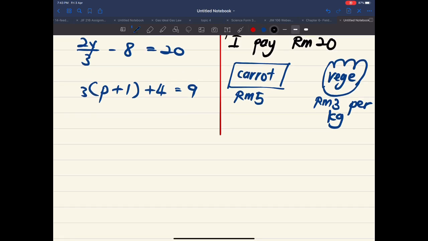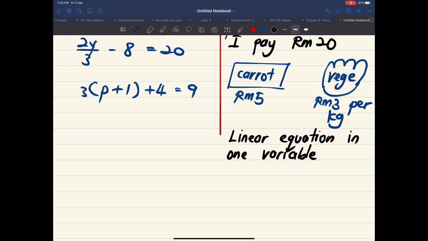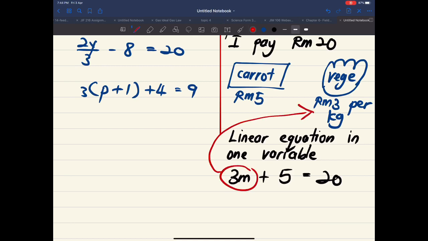So the linear equation in one variable would be 3m plus 5 equals to 20. Okay, and this 3m comes from the vegetable.